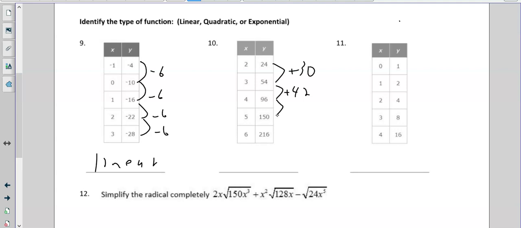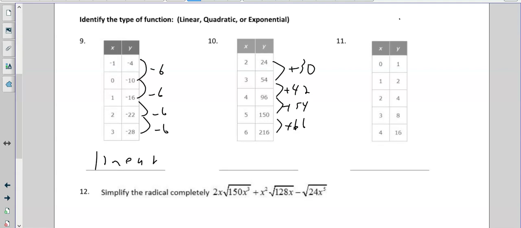And here we're going up plus 54. And here we're going up plus 66. Now that first level does not give us any pattern whatsoever. So we need to go to a second level and see what's happening.